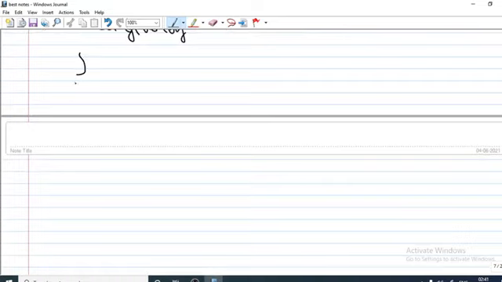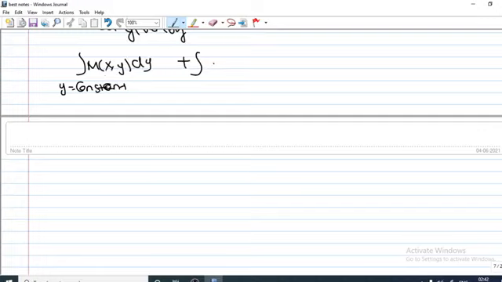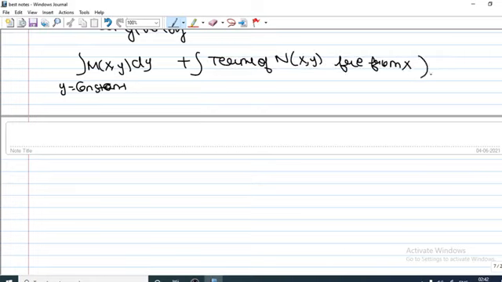Integral of M dx, y constant, plus integral of terms of N of x comma y free from x into dy equals to constant. Just write the formula. So we have x square y, 2 by x.